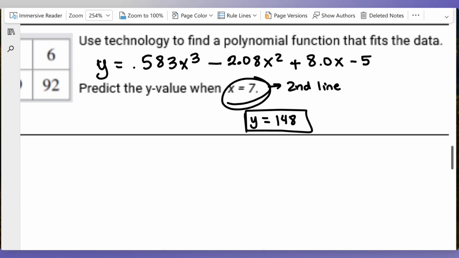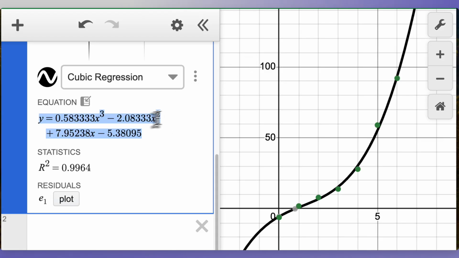All right, let's look at the second one. Since that has a degree of 2, I'm going to round that to 2 decimal places. So minus 2.08. And then this one's going to be 1 decimal place. Now this one's a little bit tricky, so watch out. It's going to be 7.9, but if you look at the next number, it's a 5, so it's going to bump it up to an 8.